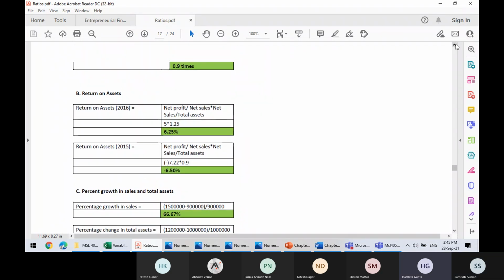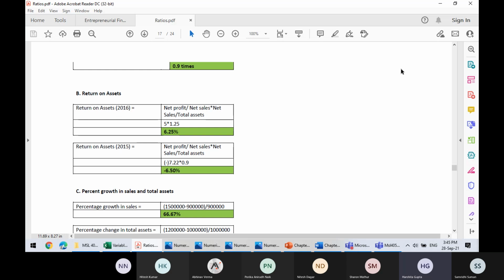Now in part B, they're asking to calculate return on total assets. The formula is net profit divided by total assets. In the solution we have provided, we take the net profit divided by net sales ratio and net sales divided by total assets ratio. Net sales will cancel out, so the formula comes to net profit divided by total assets.